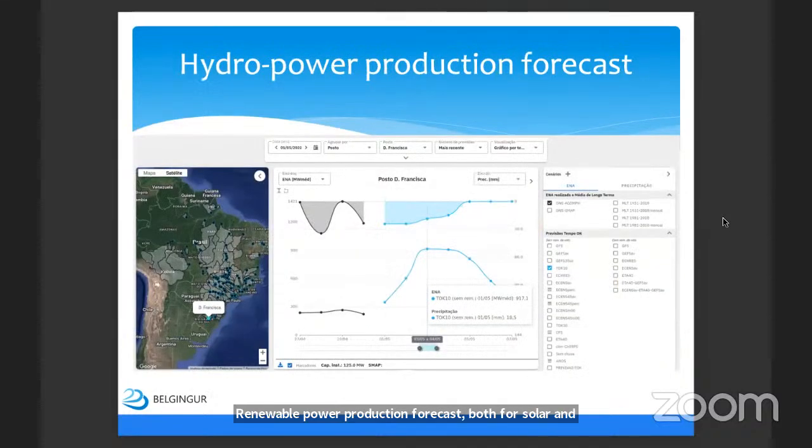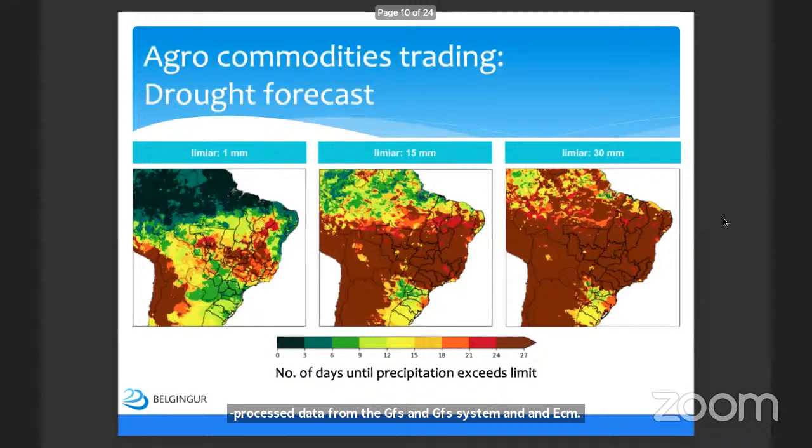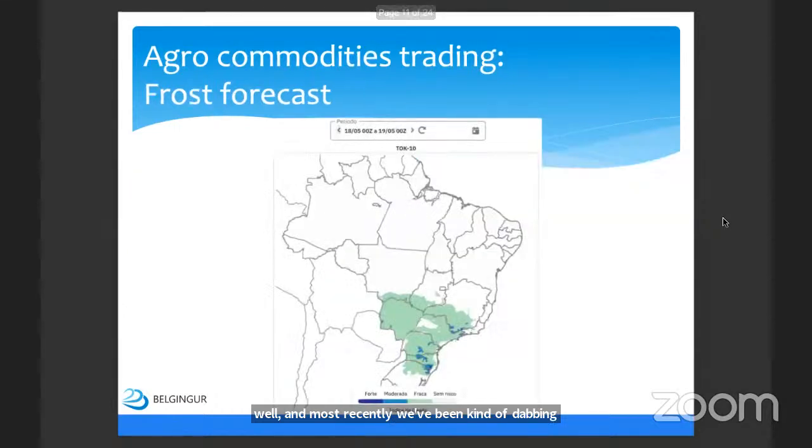This is used as input to hydropower, using both the downscaled forecast from Dwarf, as well as post-processed data from the GFS and GEFS system and ECMWF as well. And most recently, we've been dabbling a bit with agro commodities, both for droughts and also frost forecasts.